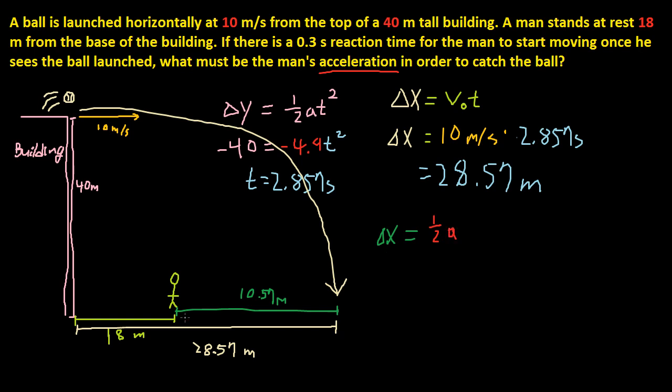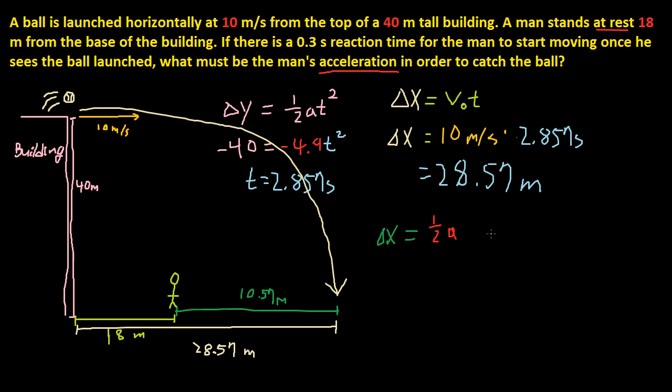V naught is 0 because we're assuming that he starts at rest; it gives it in the question right here. So it's 1/2 a t squared.